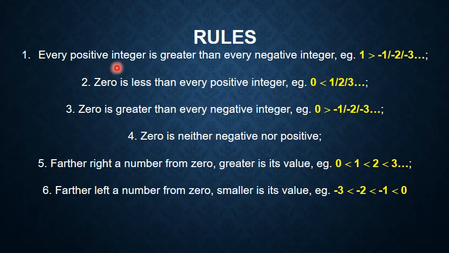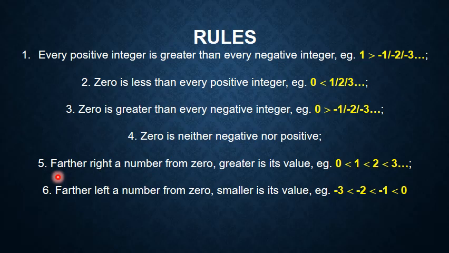Rules. Rule 1: every positive integer is greater than every negative integer. So even if it is 1, it is greater than any number in the negative mentioned in the line. Rule 2: 0 is less than every positive integer, as given here. Rule 3: 0 is greater than every negative integer, as given here. Rule 4 says 0 is neither negative nor positive.